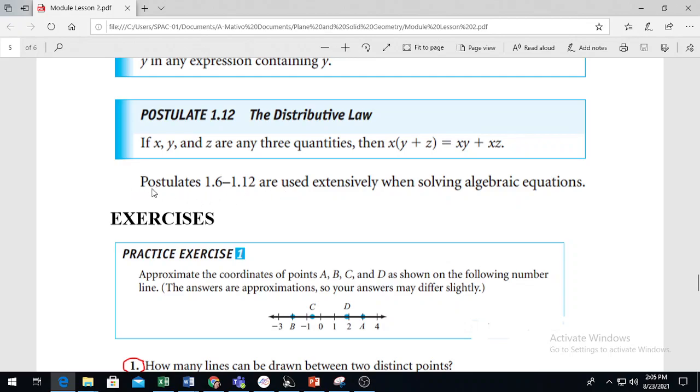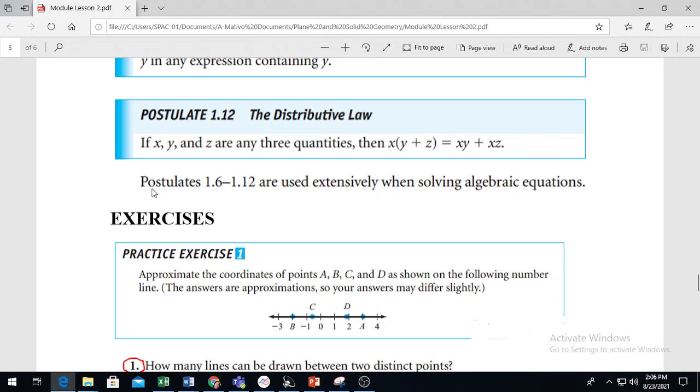Postulates 1.6 to 1.12 are used extensively when solving algebraic equations. That is how you identify each step in your solution using these laws. In your junior high school and senior high school years, we call them properties. In your college days, you call them postulates and sometimes laws, but they can be used interchangeably throughout our discussion.